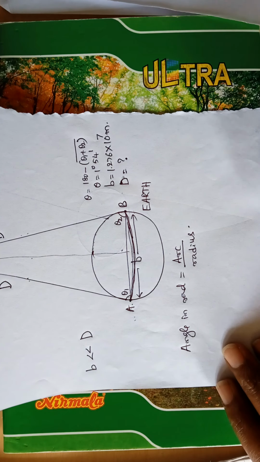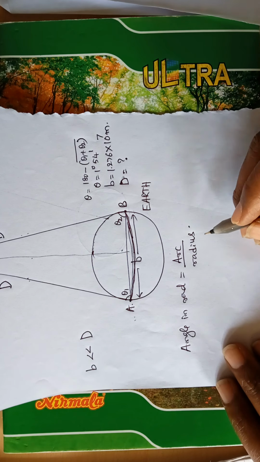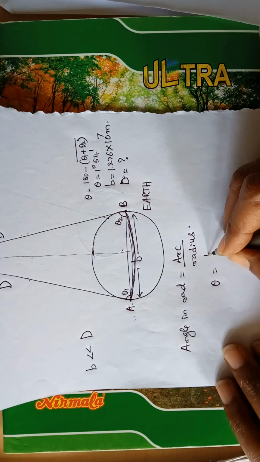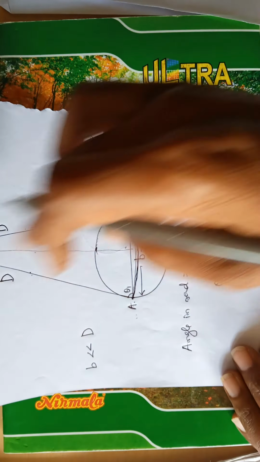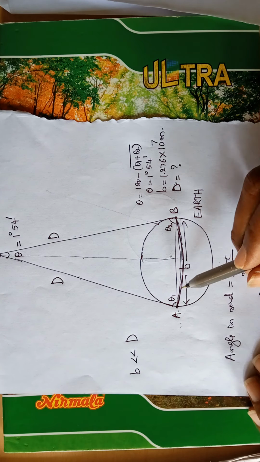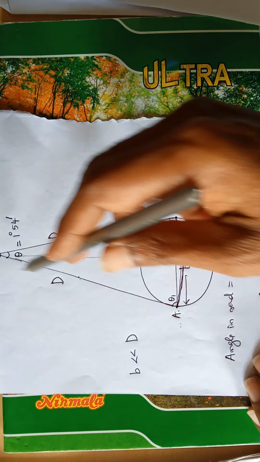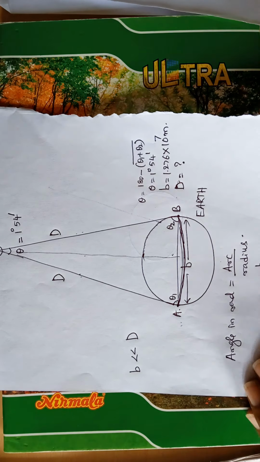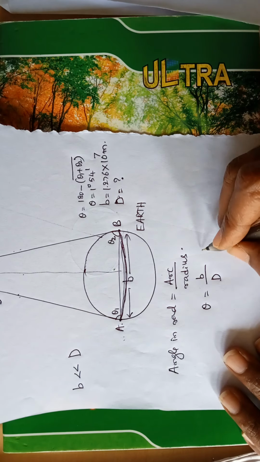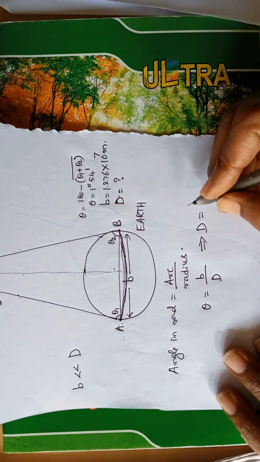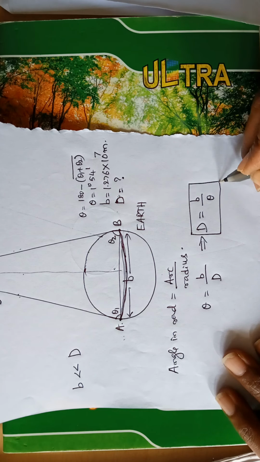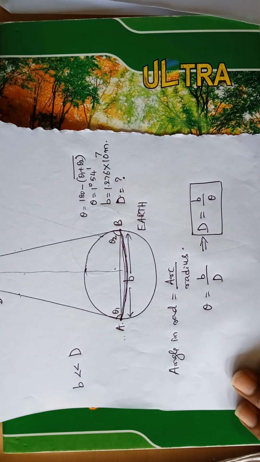See here, this is theta, arc is B value, and radius is nothing but capital D. Now what do you want? Capital D is asked. So from this, capital D is equal to B by theta. Making use of this formula, you can find the distance of the moon.